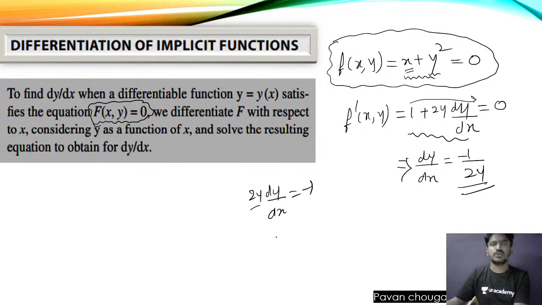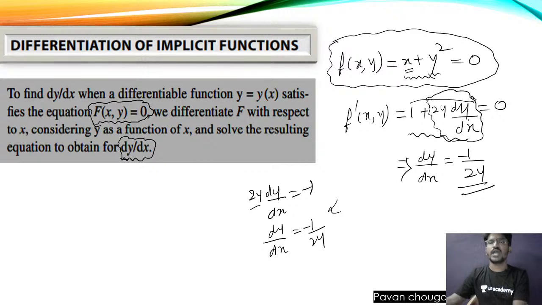Next, if I take 2y to the other side, it will be dy by dx equal to minus 1 by 2y. From this, we got dy by dx. Clear?